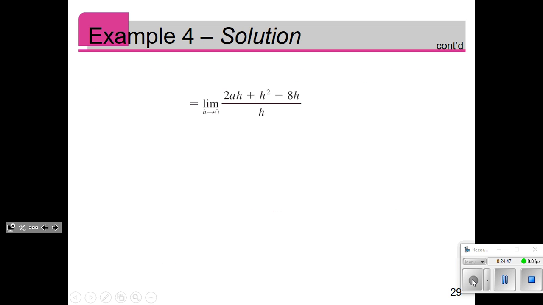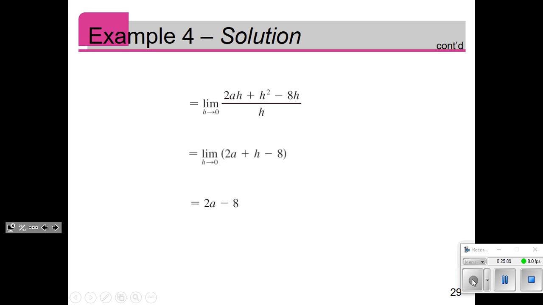Okay, I probably jumped the gun here a little bit. But again, that h cancels. Okay, so now what does that approach then as h approaches 0? It approaches 2a minus 8. Easy peasy.